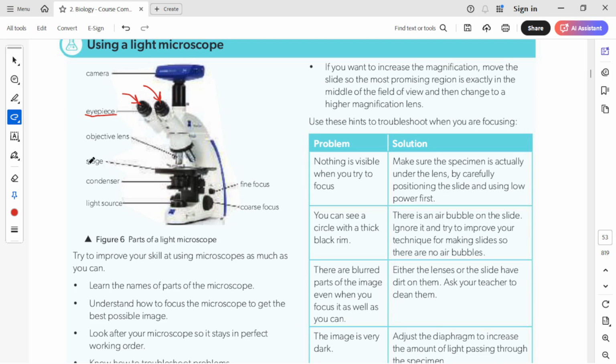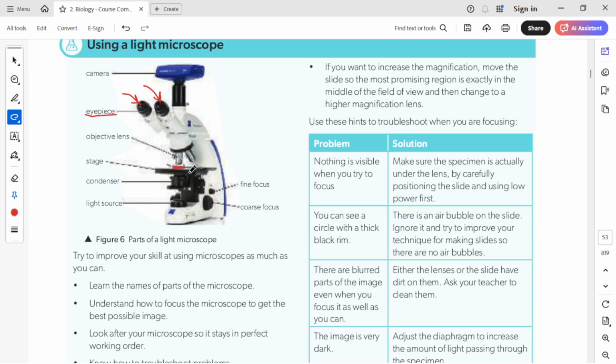Now this is the stage. This is the stage on which you are going to put your object. You'll put your object over here and see from here. There will be two lenses altogether, and their magnification will get multiplied, and you will see a bigger picture of this particular object. On this stage, you will put the slide on which you keep your object, and you will see a magnified picture.